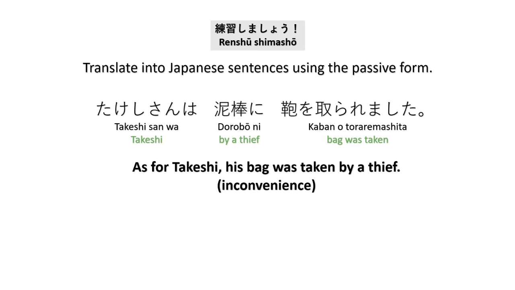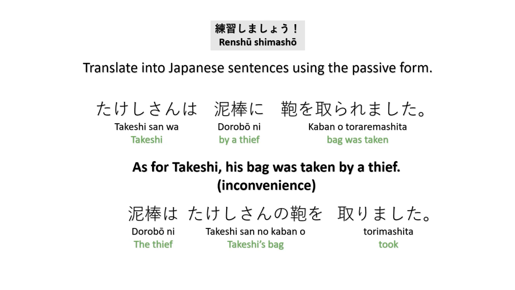As for Takeshi, his bag was taken by a thief. Its active voice is dorobo ni Takeshi-san no kaban wo torimashita. The thief took Takeshi's bag. This second sentence is an active voice, so the subject is the doer of the act.